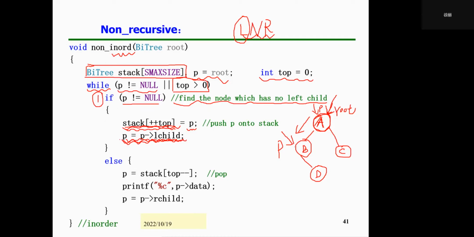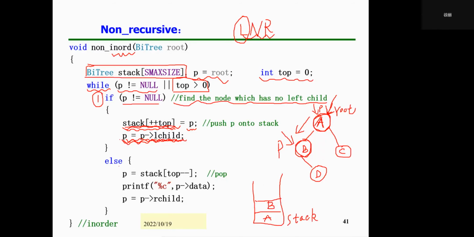And do you remember when we found the node which has no left child, like we have found B, right? We got it here. So now that means we can visit B. So we can output B. So we want to printf B. So where is B? B is in the stack, right? Do you remember? Every time when we go left, we store A, store B, and then go left, P is not null.